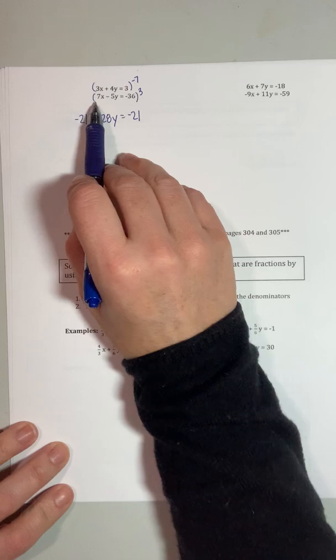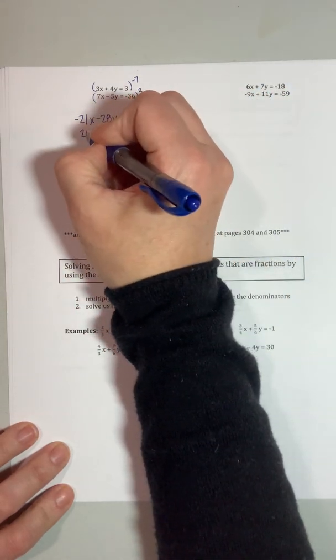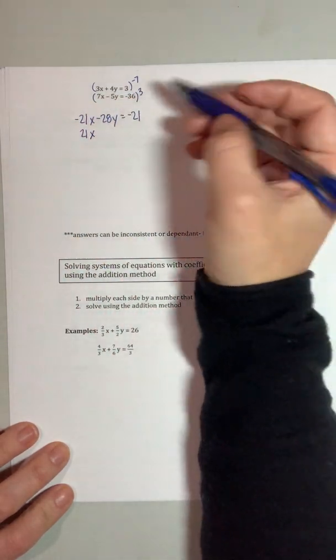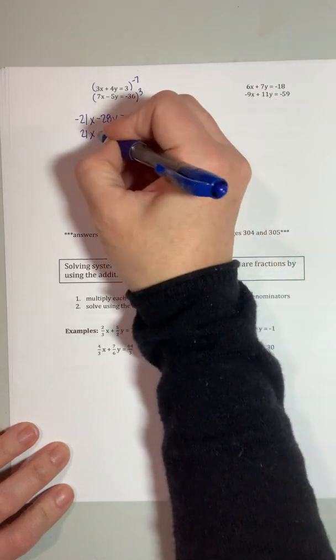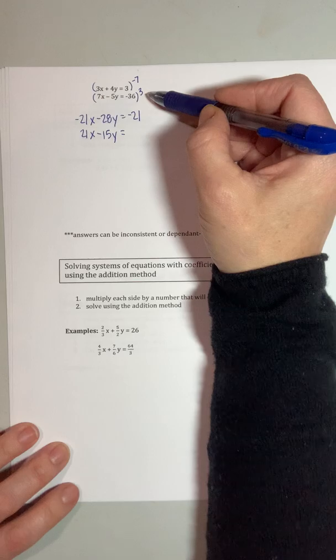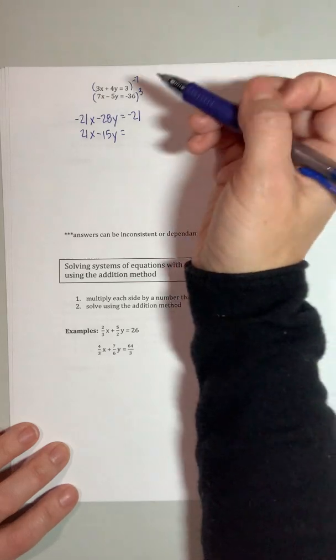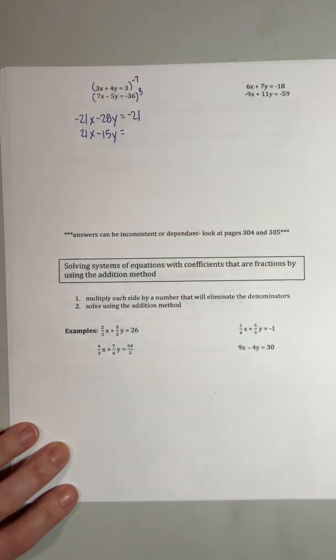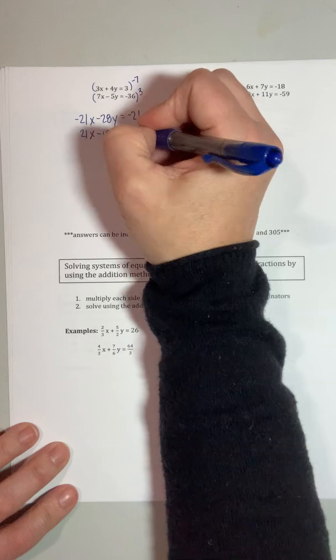Okay, now the bottom one, 7 times 3 is 21x. Negative 5 times 3 is negative 15y. And negative 36 times 3 is, 18, 9, 10, yep, negative 108.